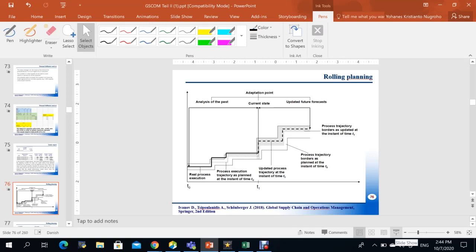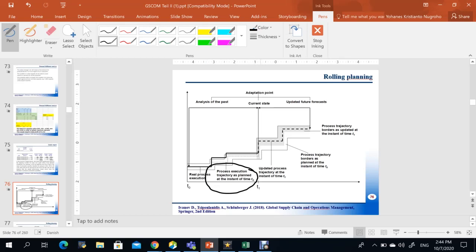Now we can see here, for instance, the dash line, which is the process execution trajectory as planned at the instant time t0, and the thick line represents the real process execution. So in the current state, there is an adaptation point.